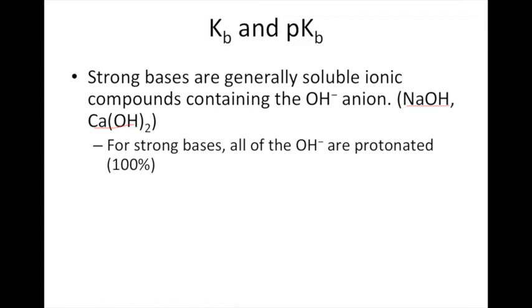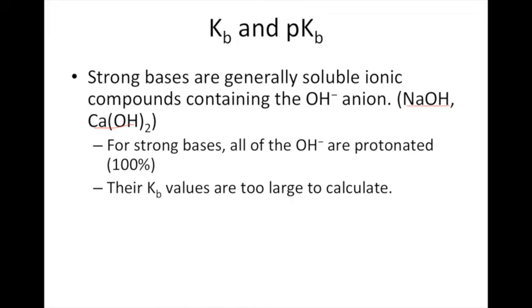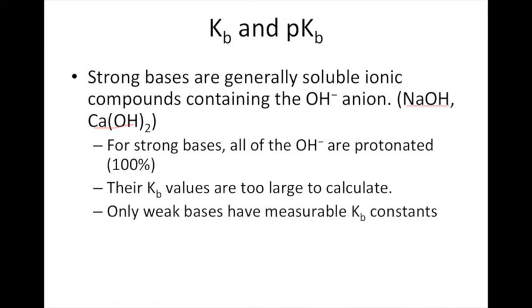For strong bases, all of the hydroxide ions are protonated. In other words, the reaction occurs 100%, so there is really no equilibrium that's reached. The Kb values for strong bases, like strong acids, are generally too large to calculate. So Kb values are generally only associated with weak bases.